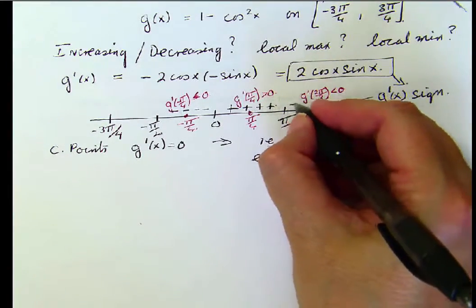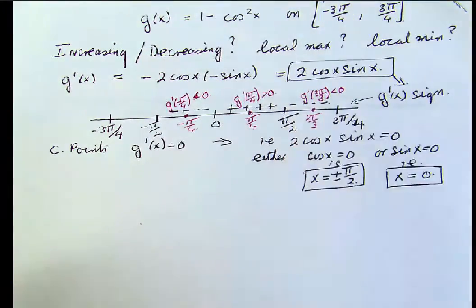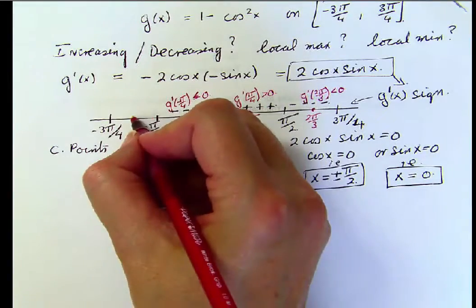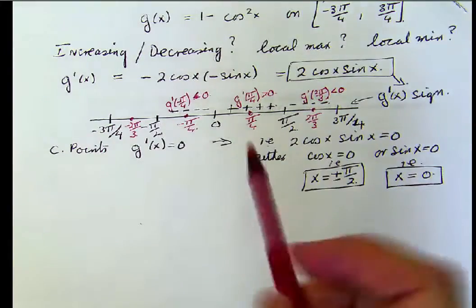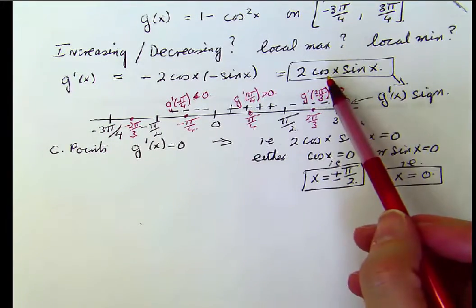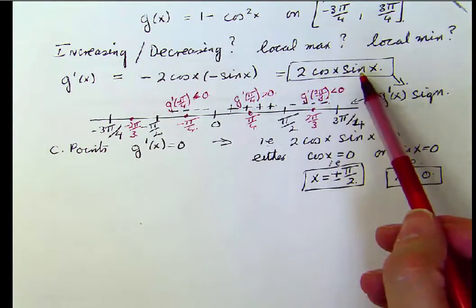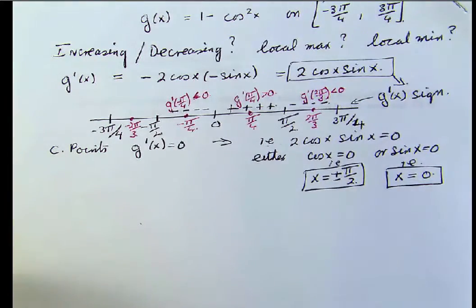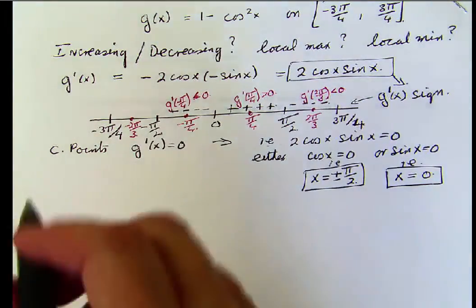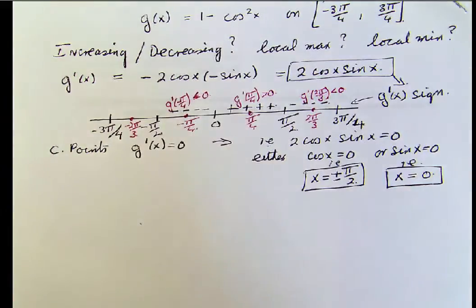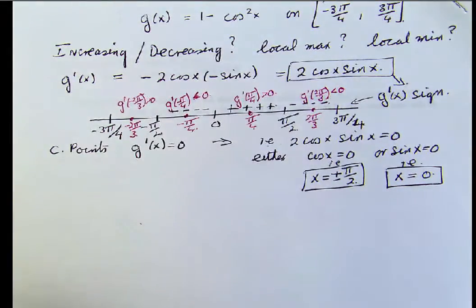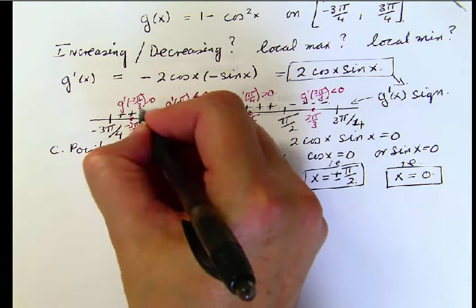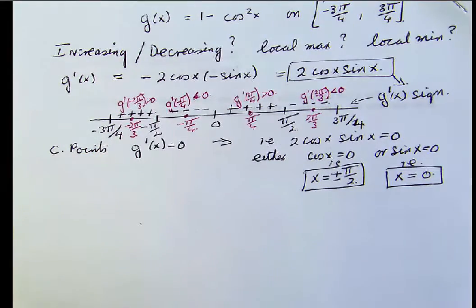So we have that g prime is negative along here. Then if we pick the point minus 2 pi over 3 here, we find that cosine is negative and sine is negative, so when we multiply them we get a positive number, so g prime of minus 2 pi over 3 is greater than 0, and therefore g prime has a positive sign along here.